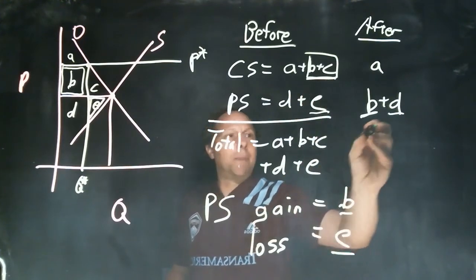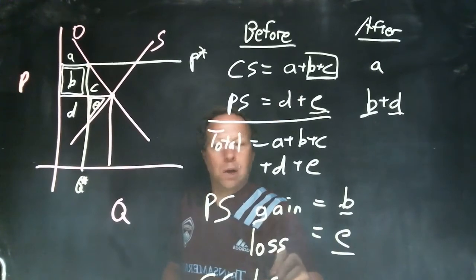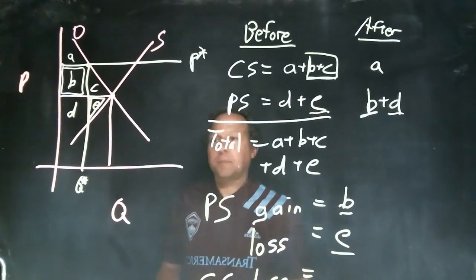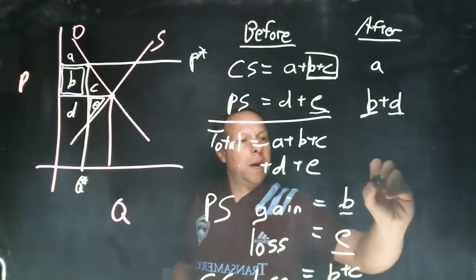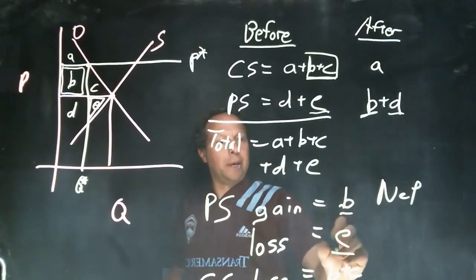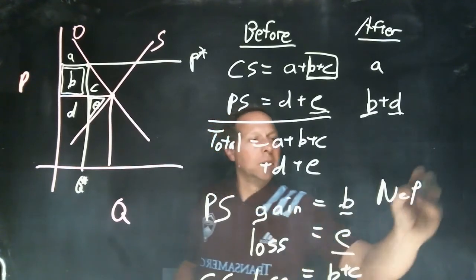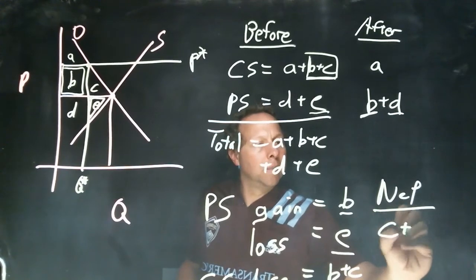So what we end up with is a consumer surplus loss equal to B plus C, and a producer surplus gain equal to B minus E, which leaves us with a net loss of C plus E.